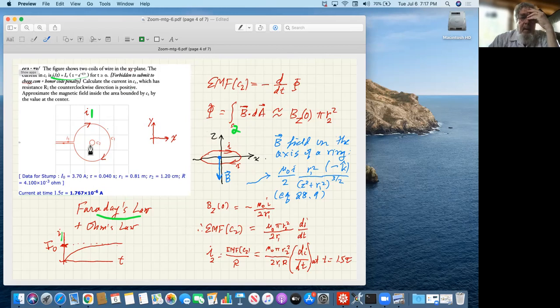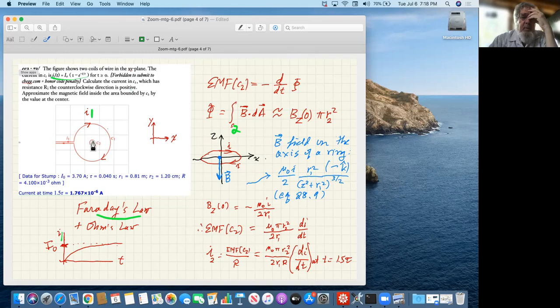We're going to say, well, since this is such a small area, we'll just take the magnetic field in this little small area to be constant. It's not exactly constant. The magnetic field would vary with distance from the origin. But to a first approximation, I could just say, well, for such a small area, I can just take the value of the magnetic field throughout that little disk to be constant. In other words, it's B at 0.